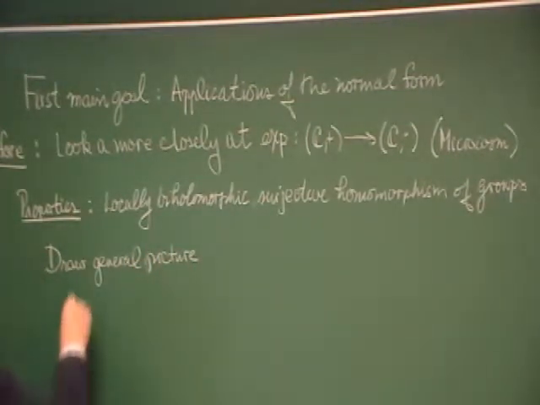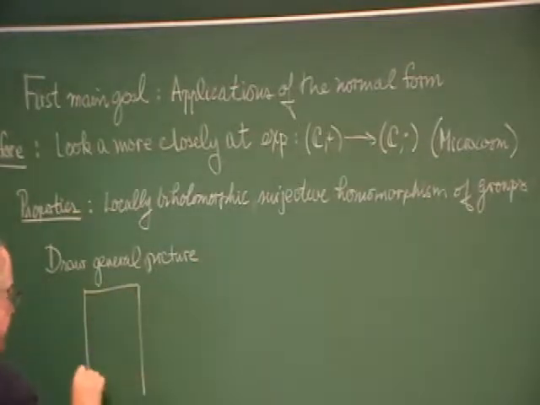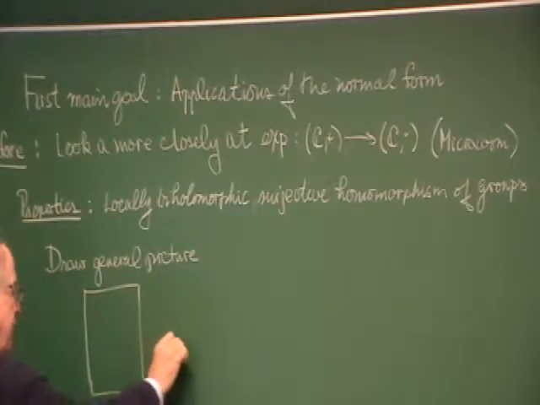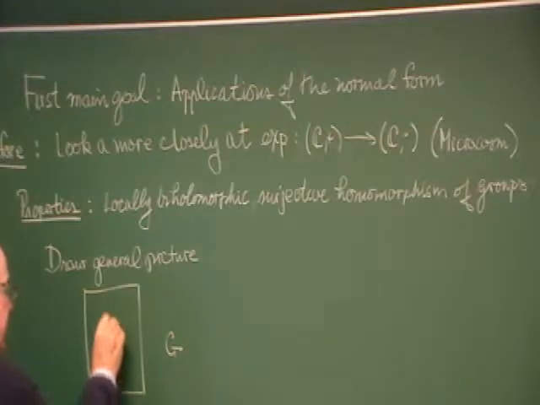So you have a group G, which I always draw as a box, and it has an identity in it which I always call 1.